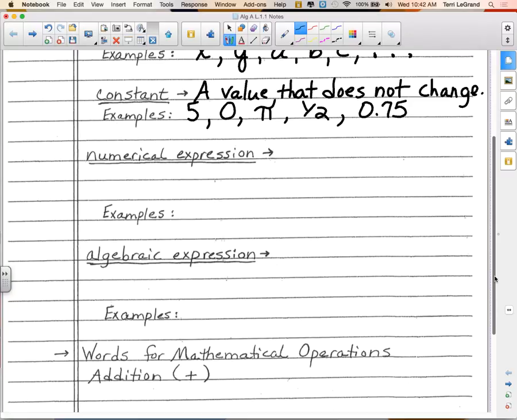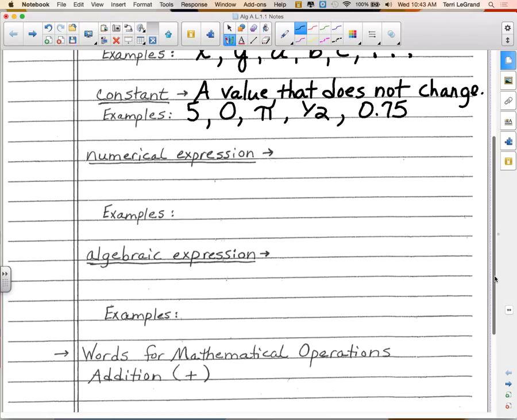Numerical expression, anybody think they've got that definition down yet? This was one thing that, not only with this class, but all throughout the day, any class that took some sort of a pretest on this material did not understand what an expression was versus an equation. Anybody think they know the difference, first of all, between an expression and an equation?